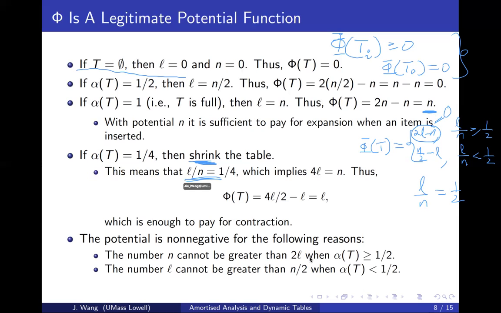When it shrinks, you get rid of, so the size of the new table is n over 2. Then L is equal to n over 4. So this is the old, and this is the new.